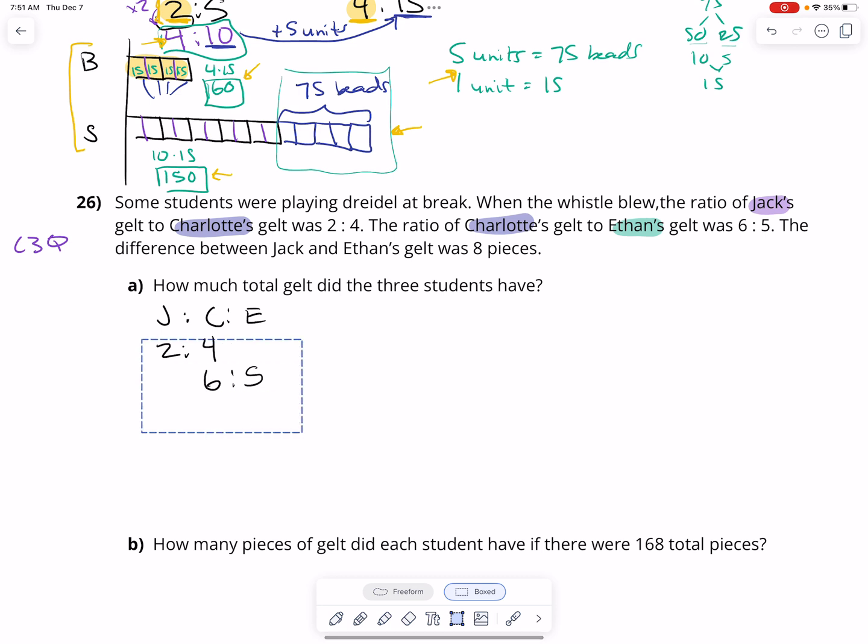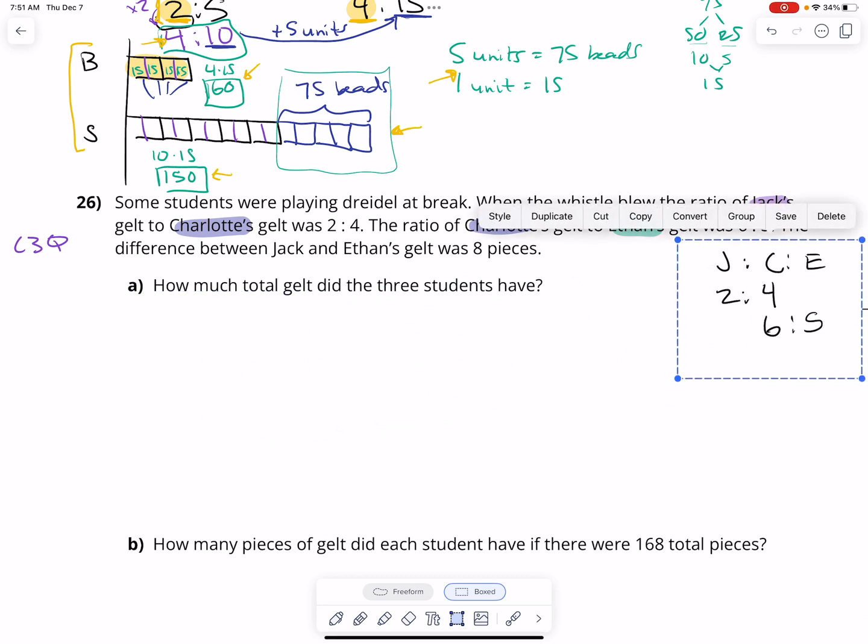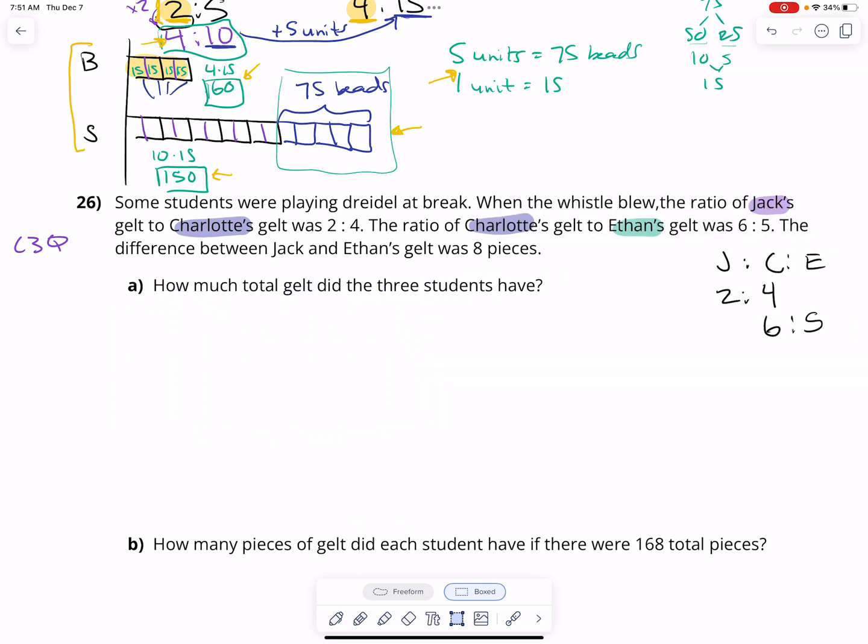So today we're going to be looking at another way that might be a little bit more clear, but is really similar to that. So we're going to set it up where first we know Jack to Charlotte was 2 to 4. And we know Charlotte to Ethan is 6 to 5. So in the way we have it set up right now, we know that these 4 units of Charlotte have to be the same value as those 6 units of Charlotte, because she's not going to have a different amount of gelt depending on who she's being compared to.